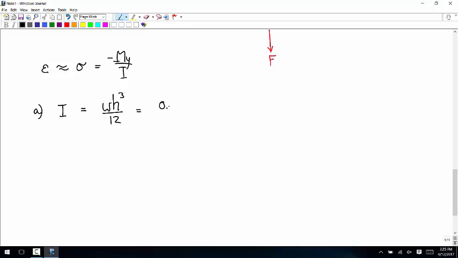So that's 0.01 times 1 cubed over 12. So that is 1 over 1200.